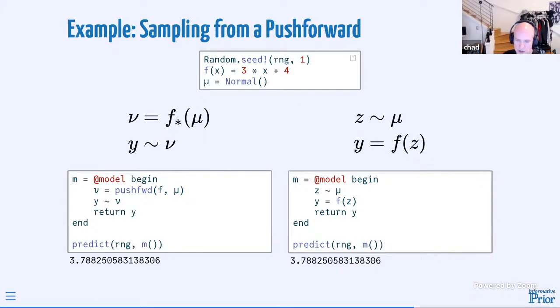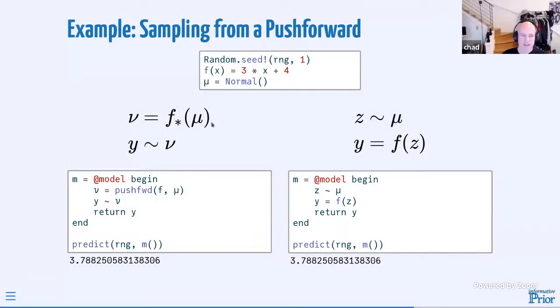For all of these, we'll reset our random seed, and we have some f of x. In this case, it's just 3x plus 4, and we'll start with a normal measure. We can say, let's first find that push forward, and then draw a sample from it. Or we can sample from the underlying measure, and then evaluate the function on that point.